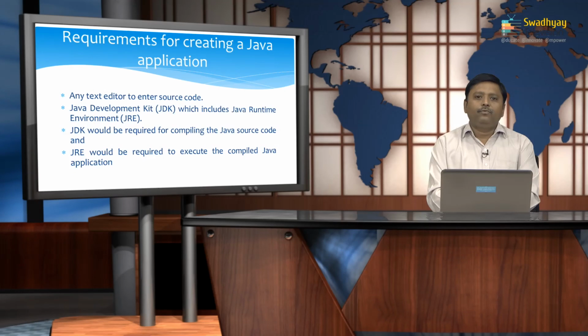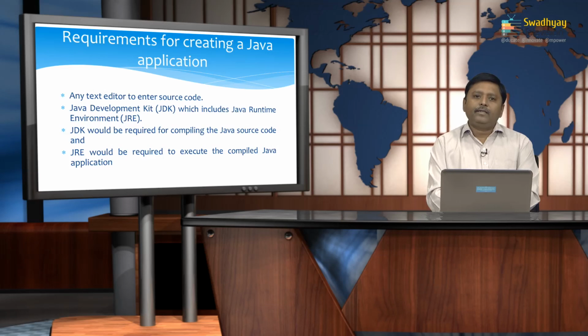NetBeans IDE is a full-fledged Java integrated development environment for creating Java applications. It provides all the necessary features like syntax highlighting, facility for compiling and running programs, debugging your program, and it also provides other features like automatic code completion, etc.